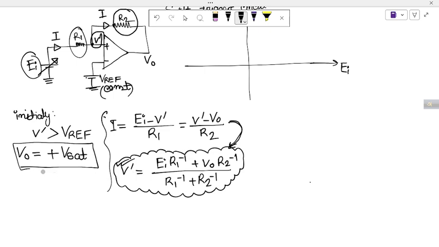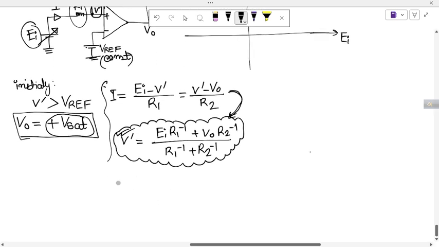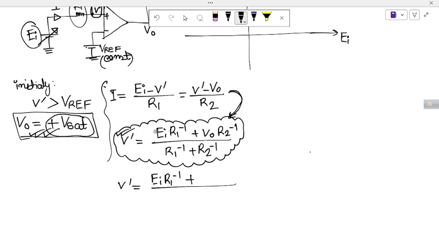Now what is our output voltage? It's positive Vsat, right? So V prime is equal to EI R1 inverse plus Vsat R2 inverse, at the denominator R1 inverse plus R2 inverse.